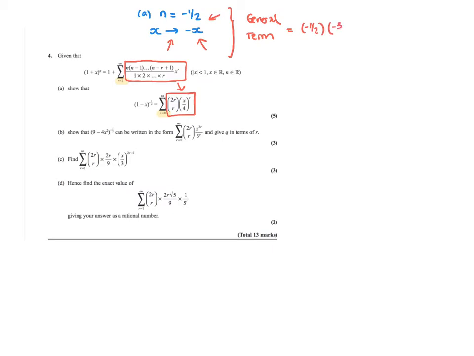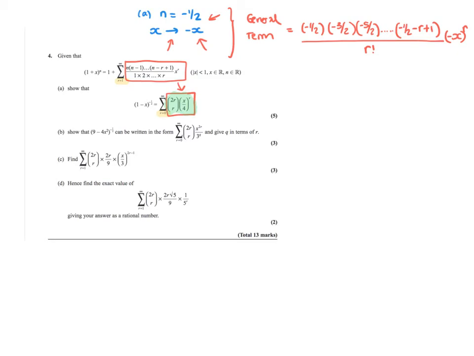Negative a half minus 1 is negative 3 over 2, and then you get negative 5 over 2 and all the numbers that have that pattern, and then you have negative a half minus r plus 1, all over, rather than 1 times 2 times all the numbers up to r, let's write the denominator as r factorial, multiplied by, instead of x, we've got negative x to the r. So I'm not writing out all of the terms of this summation, I'm writing out the general term, and I want to aim to show that this general term can be simplified to this format here.